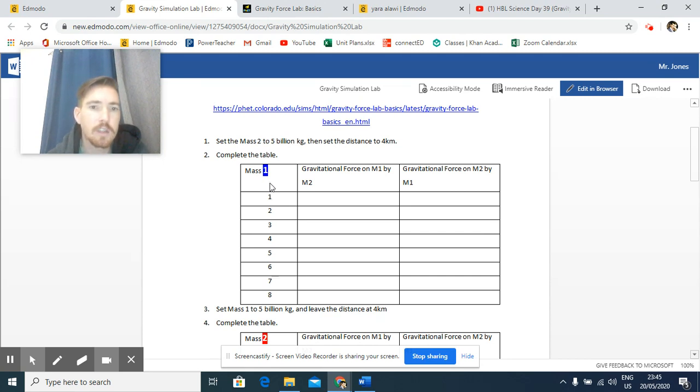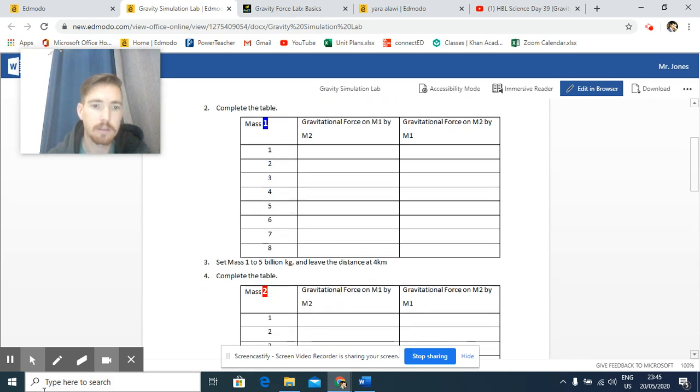Mass 1 is going to be our independent variable. Basically everything in this first column, whether this table or this table, or the third table, is the independent variable. This is what we are going to change. The gravitational force is going to be the dependent variable. So as we change mass 1, we're going to get data on mass 2 and then gravitational force as our result.